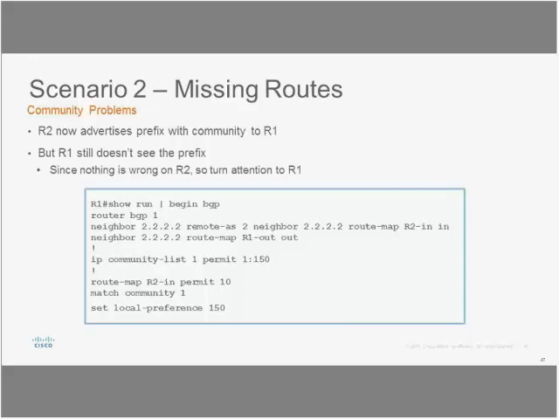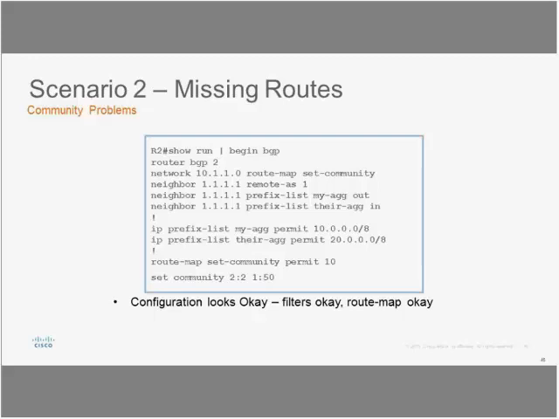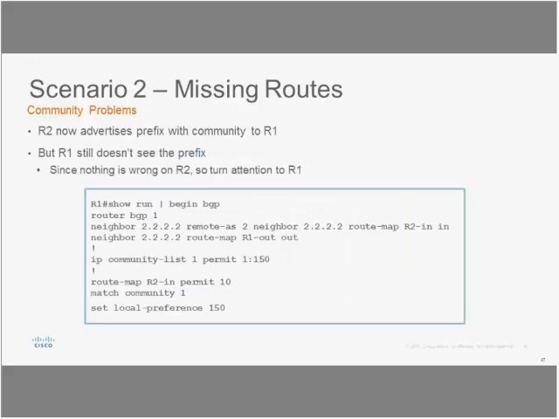Oh, perfect. So Jeffrey has mentioned that the R1 community list does not match the community on R2. Very interesting, right? Notice that sometimes a typo happens when you are typing the community values. We configured the community values 2:2 and 1:50. But here, we are configuring 1:150 as a match statement. So it's matching either of those community values, but 1:150 is not the correct match.